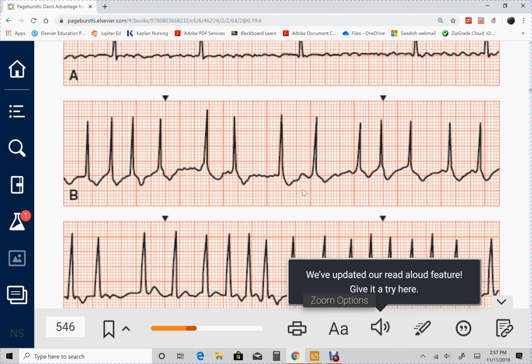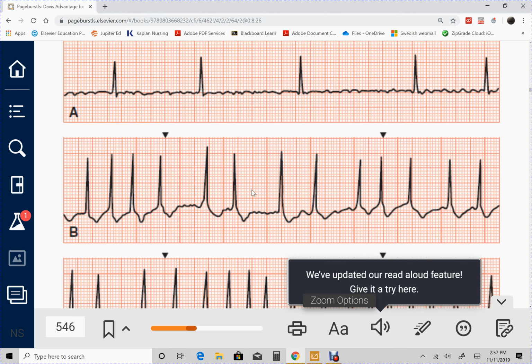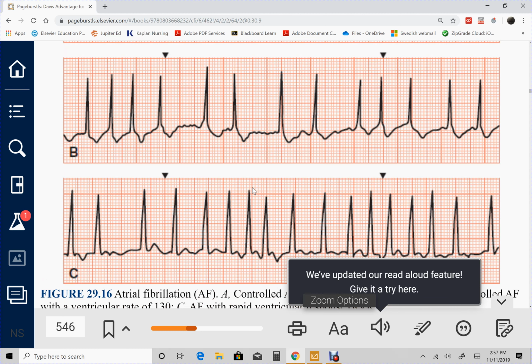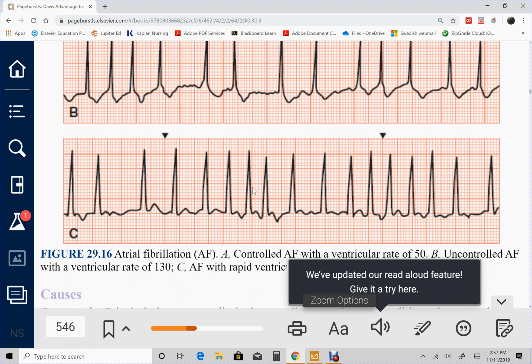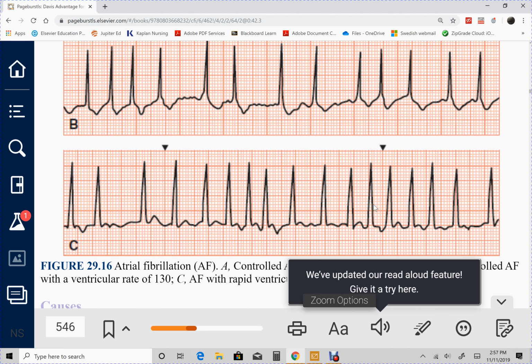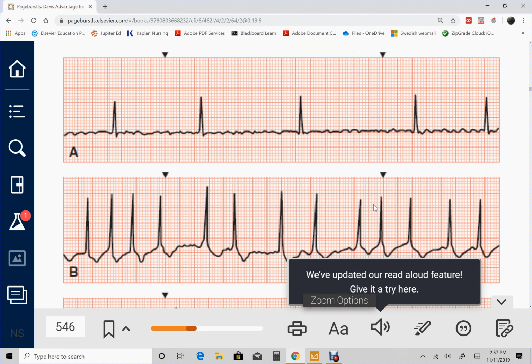As we discussed last week, the more QRSs you pack into a 6-second strip, the shorter the ventricular filling time. Therefore here, the ventricles are beating so fast but are not producing enough cardiac output.